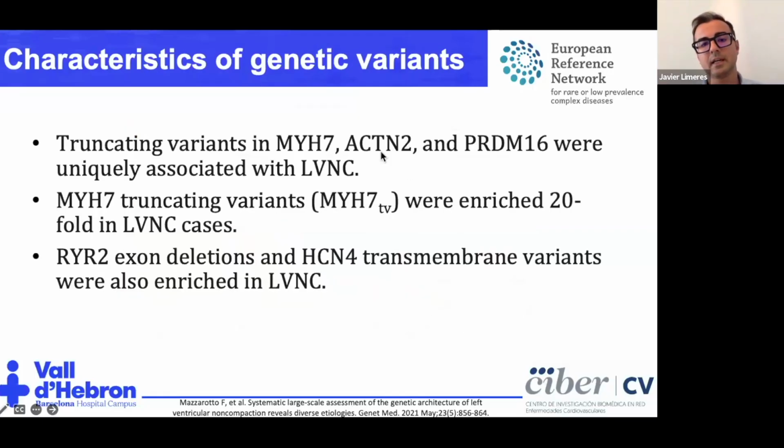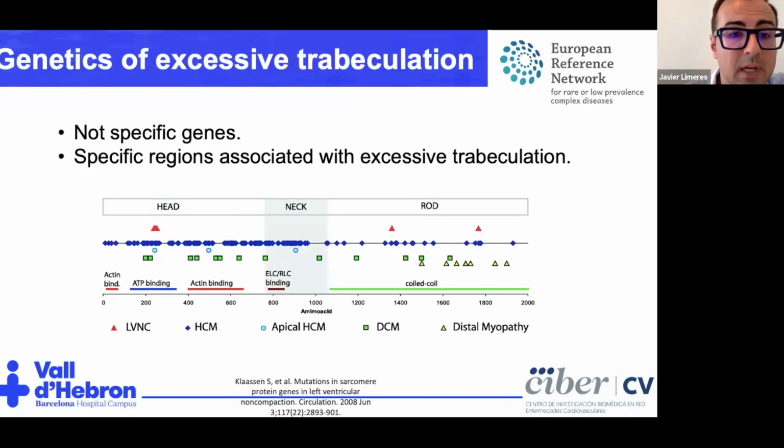You can find this kind, for example, in actin, in PLMD, in the heavy chain, that are only associated with noncompaction or with an excessive trabeculation, but not with hypertrophic, dilated, or other. Or the same, for example, when you find it enriched for the cases of truncating variants in this and others. And sometimes it is not only the kind of variant; you can find this variant in a specific locus in the gene.